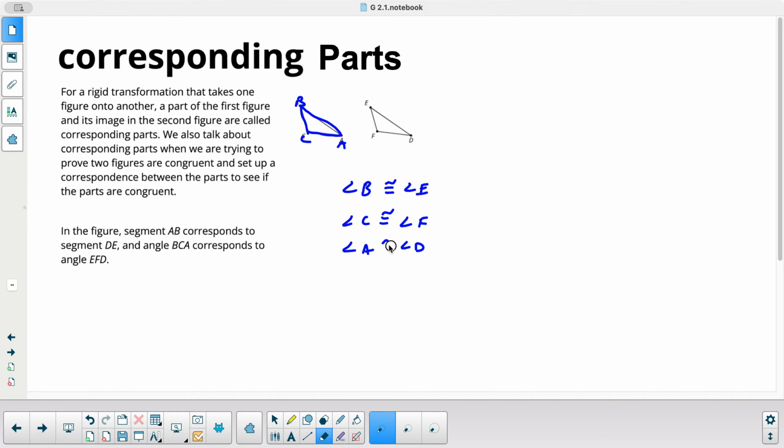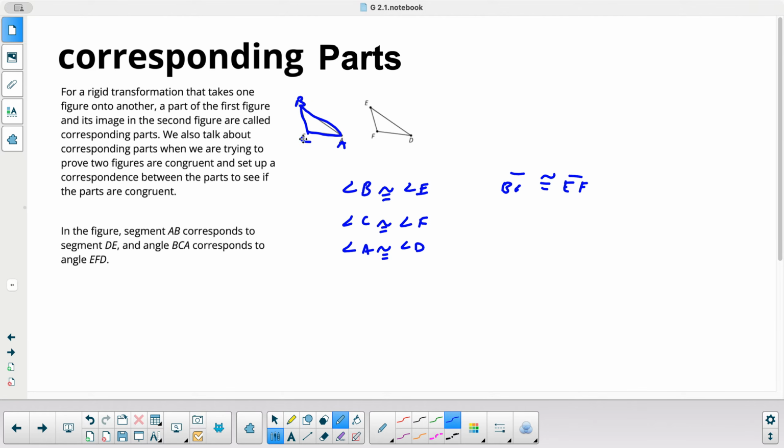If I didn't know they were congruent, corresponds is just that symbol right there. Okay, not a congruent symbol. But since we know that they're congruent, we'll just say congruent. All right, and then the sides would be BC is congruent to EF, and then CA is congruent or corresponds to FD.